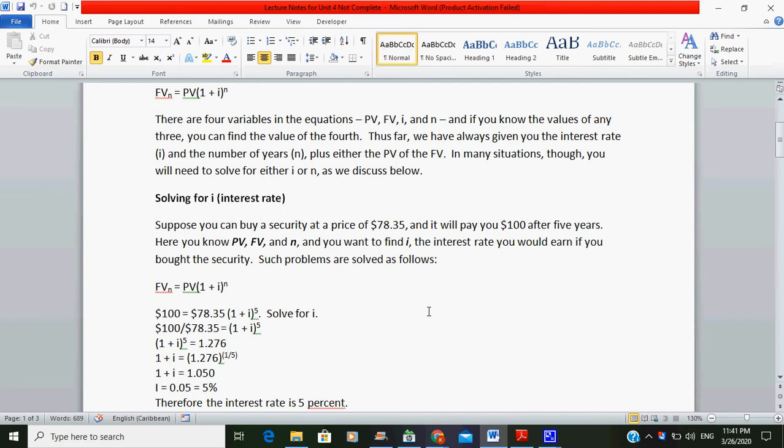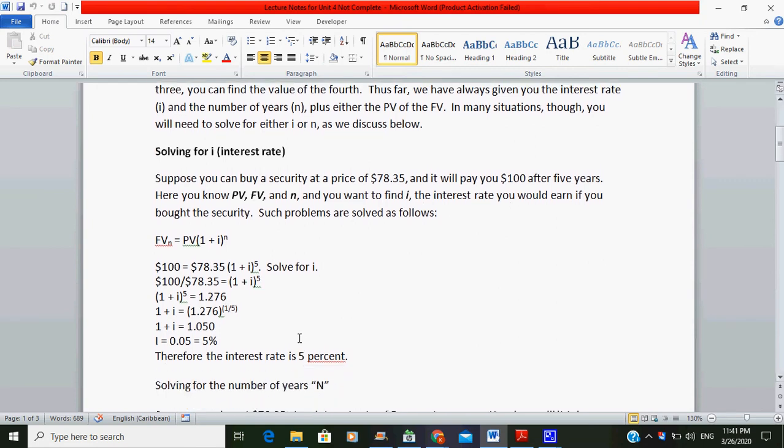You'd have to do this on your calculators. You can do 1.276 raised to the power of 1 divided by 5.